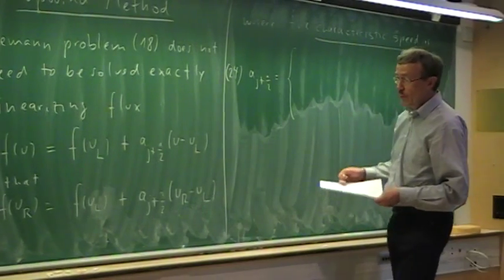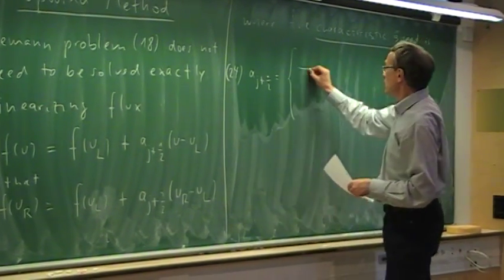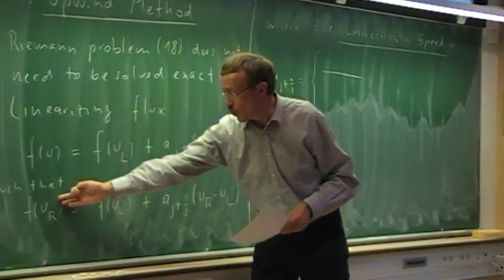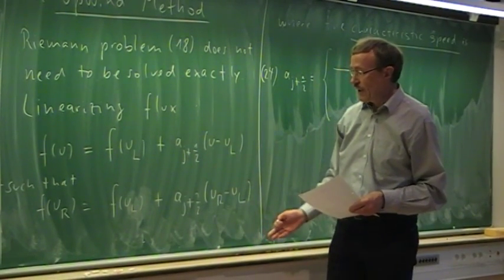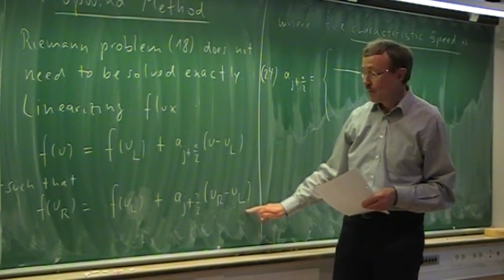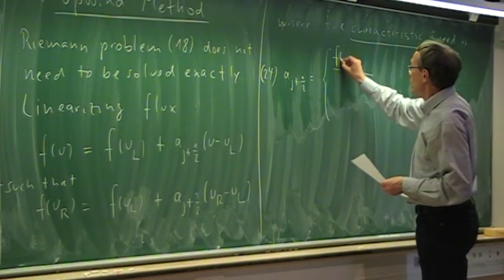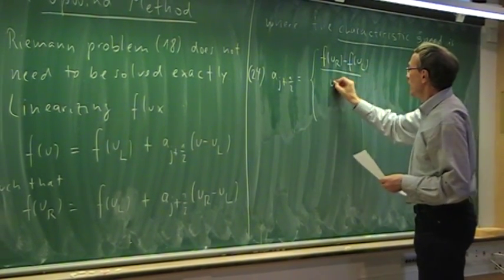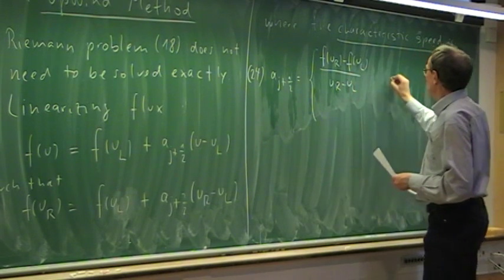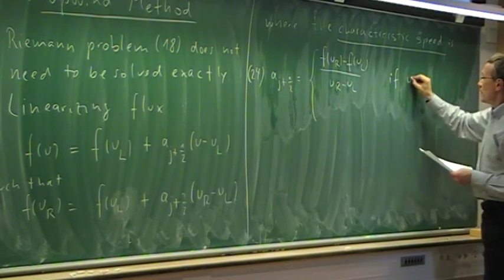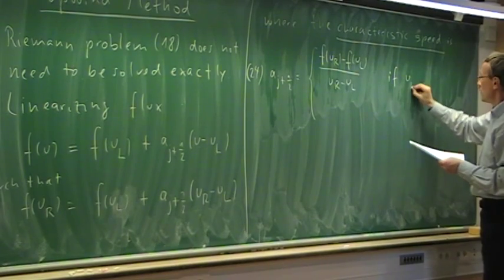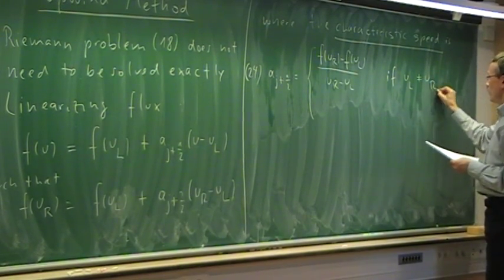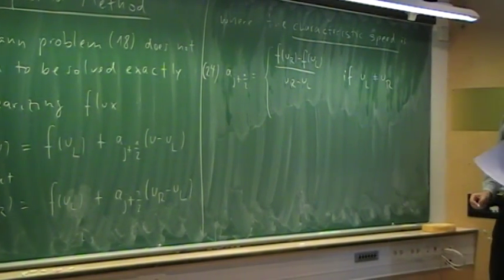Because then we can take this over, minus F of UL, and divide by this. Then we get (F(UR) - F(UL)) / (UR - UL) if the states on the left and right are different. Otherwise we cannot do it.